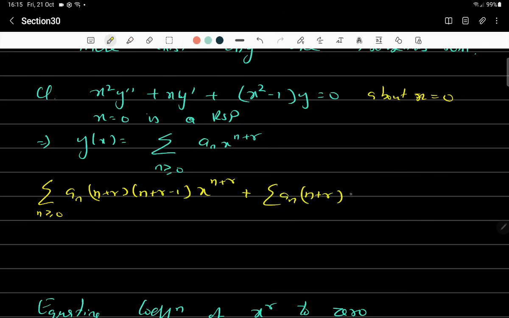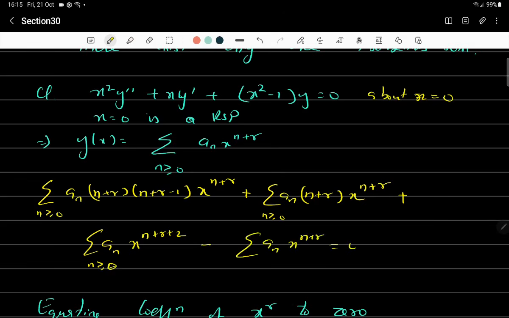So let us consider this problem: x squared y double dash plus x y dash plus (x squared minus 1) y is equal to 0 about x equal to 0. Yes. So it's a regular singular point, therefore y of x looks like this. Now substitute the values.